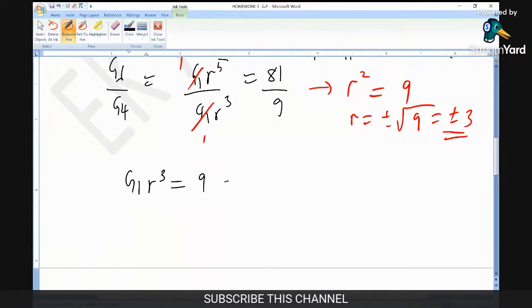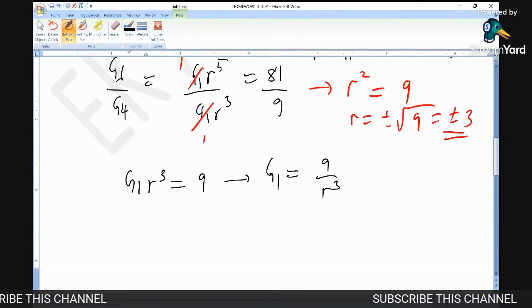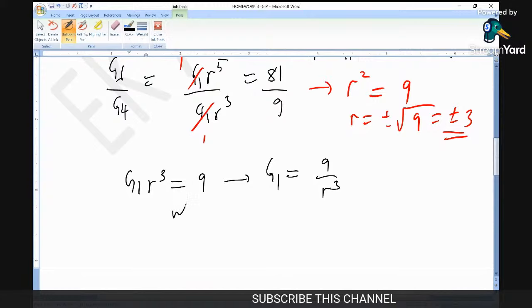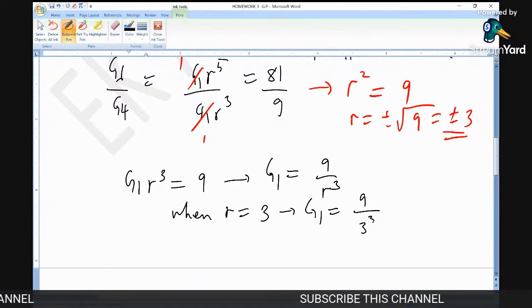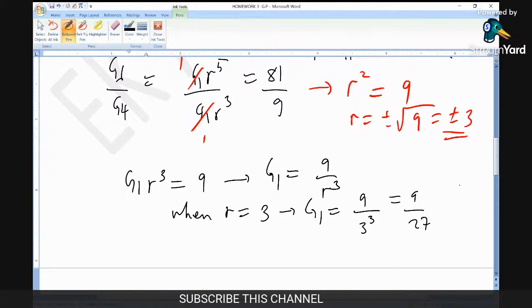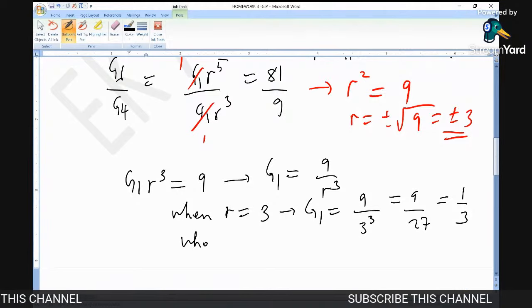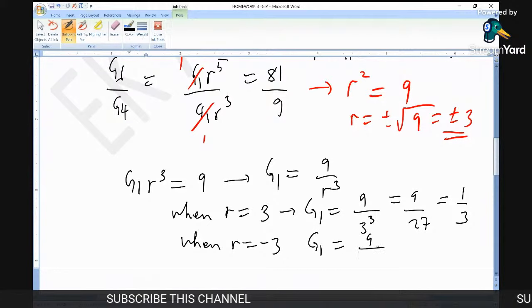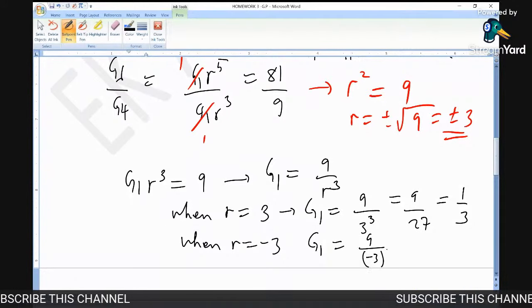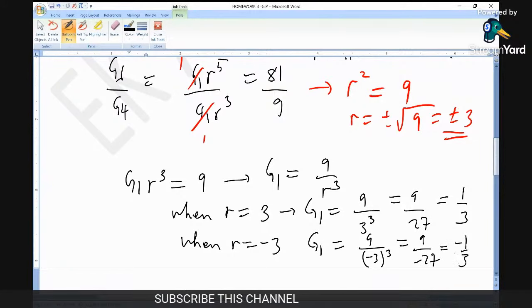So I can say that G1 equals 9 over r power 3. When r equals 3, G1 equals 9 over 3 power 3, which is 9 over 27 equals 1 over 3. And when r equals minus 3, G1 equals 9 over negative 3 power 3, which is 9 over negative 27 equals negative 1 over 3.